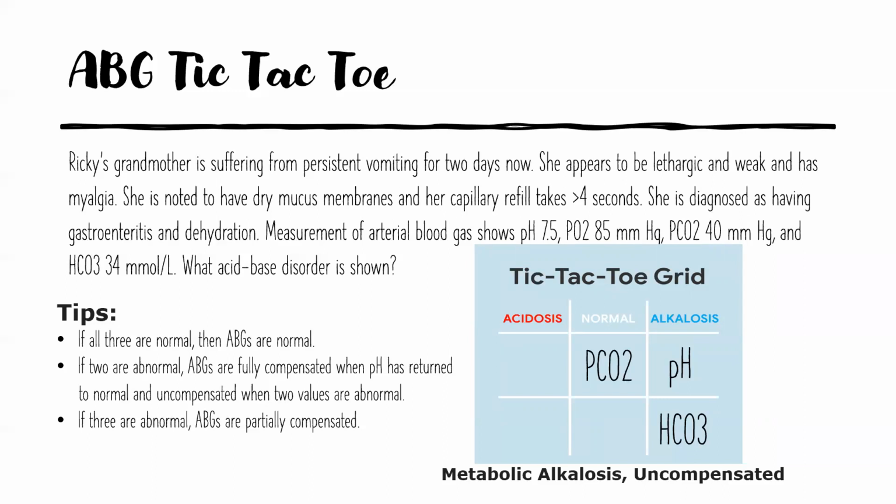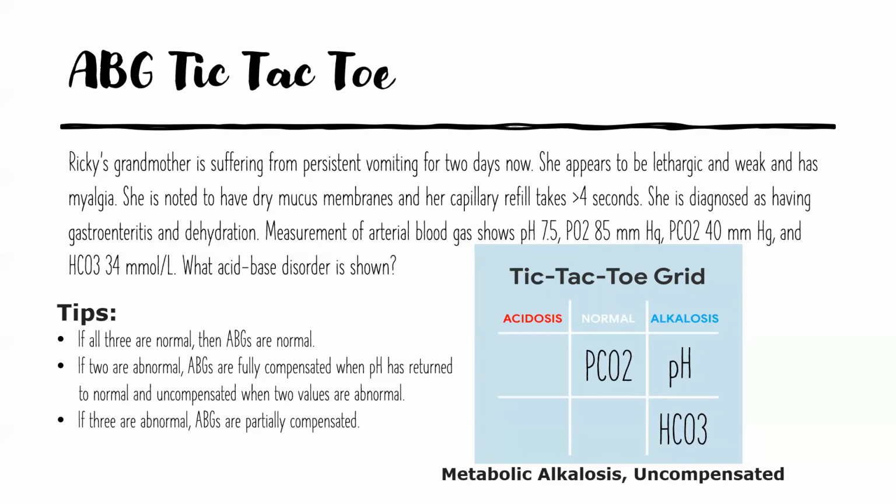So we put the pH in alkalosis. The bicarb has a value of 34, and the normal range of bicarb is 21 to 28, so that is showing alkalosis. So we have metabolic alkalosis, which is uncompensated.